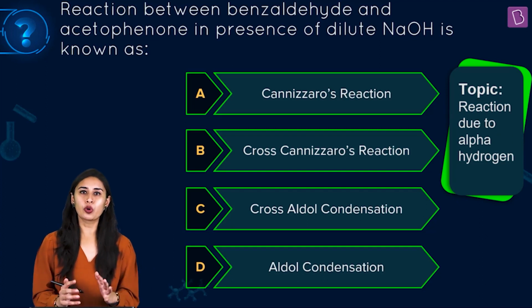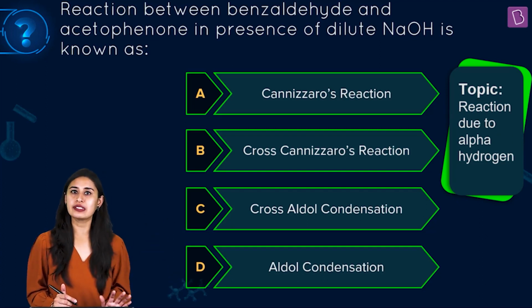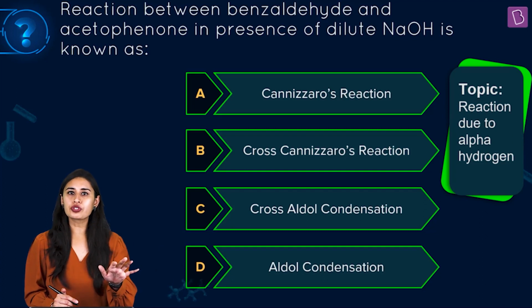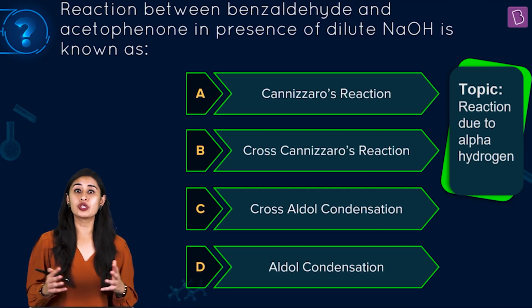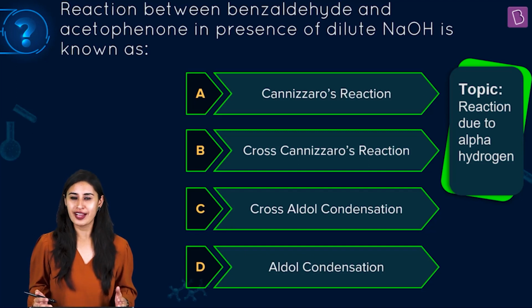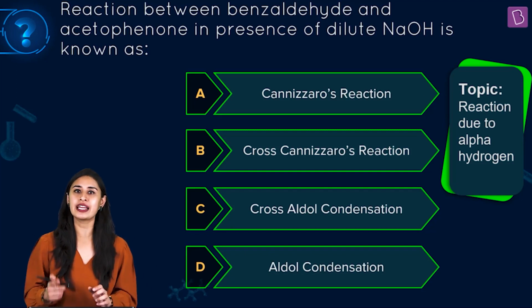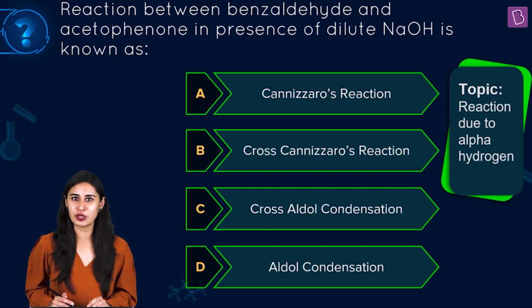And the best approach for these kinds of questions is, first of all, you should have an eye for which has alpha hydrogen and which does not have alpha hydrogen. So the game shall be over for you if you do not know IUPAC nomenclature here. You should know what is benzaldehyde and you should know what is acetophenone.